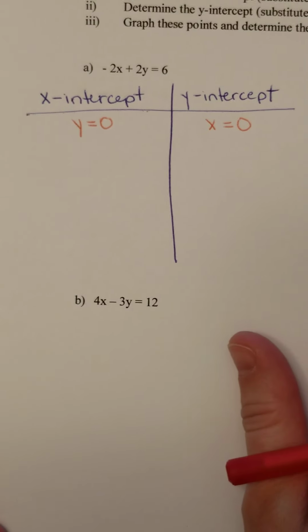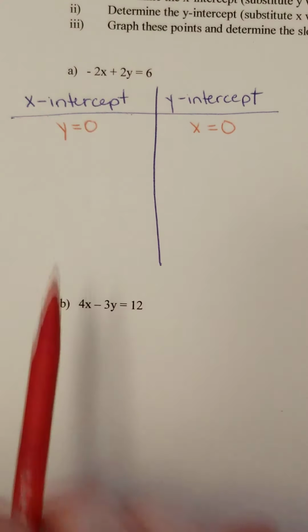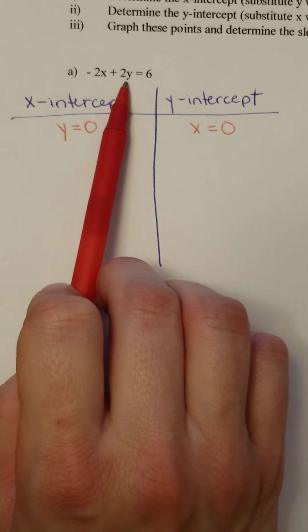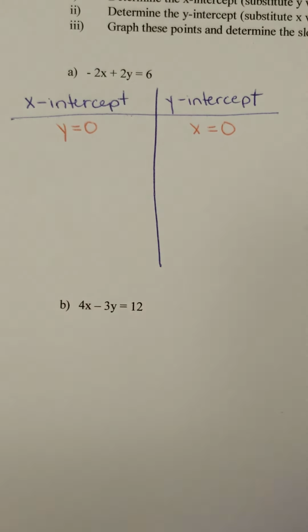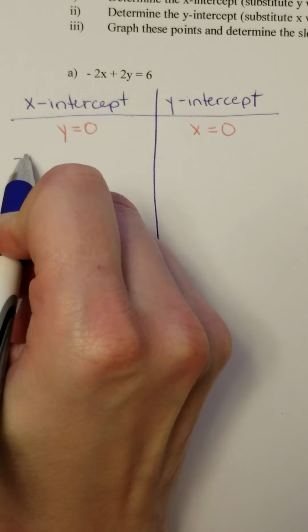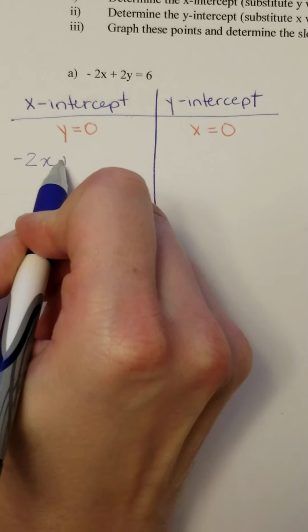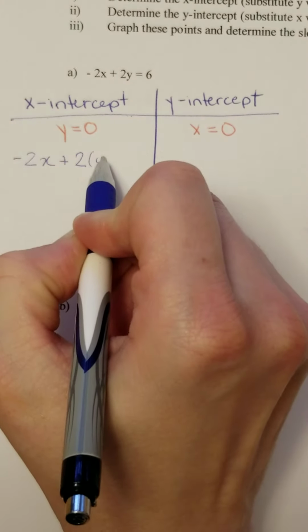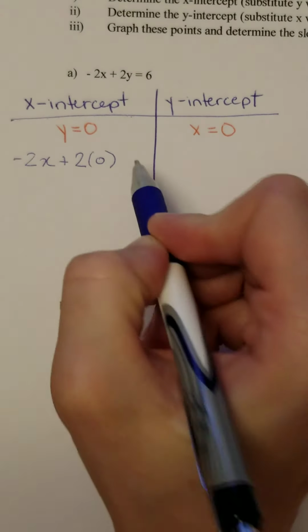So we take the equation I give you. I'll always give you the equation. And for the x-intercept, where we see a y, we replace it with 0. So we rewrite the equation, negative 2x plus 2, but instead of y, we replace y with 0.